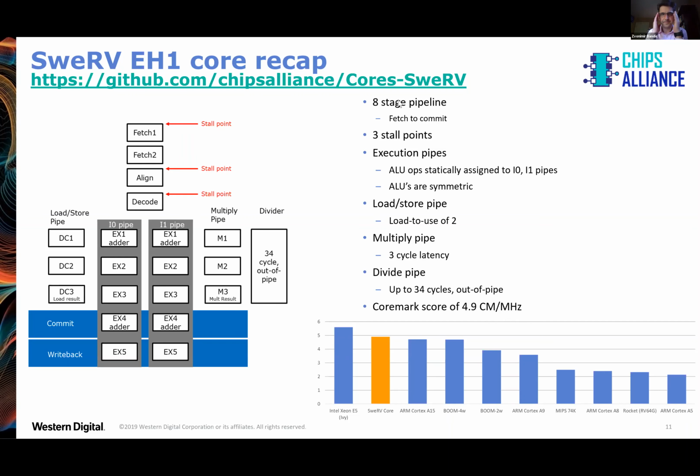Okay, Robert, go ahead. Okay, so just to give a recap, the first core that we did at Western Digital, the first RISC-V core, was the EH1 core. Like Zvonimir said, we finished that in late 2018, and it's been out there since early 2019. It was an 8-stage pipeline from fetch to commit.